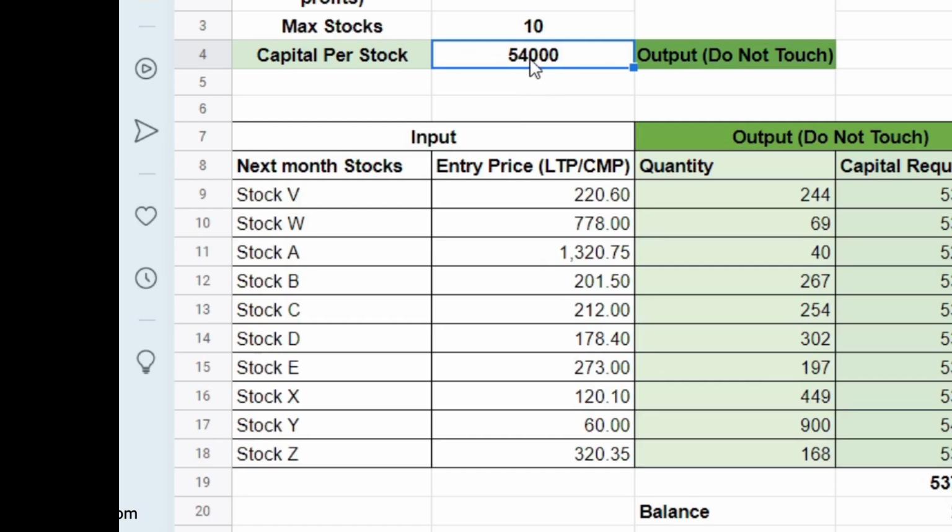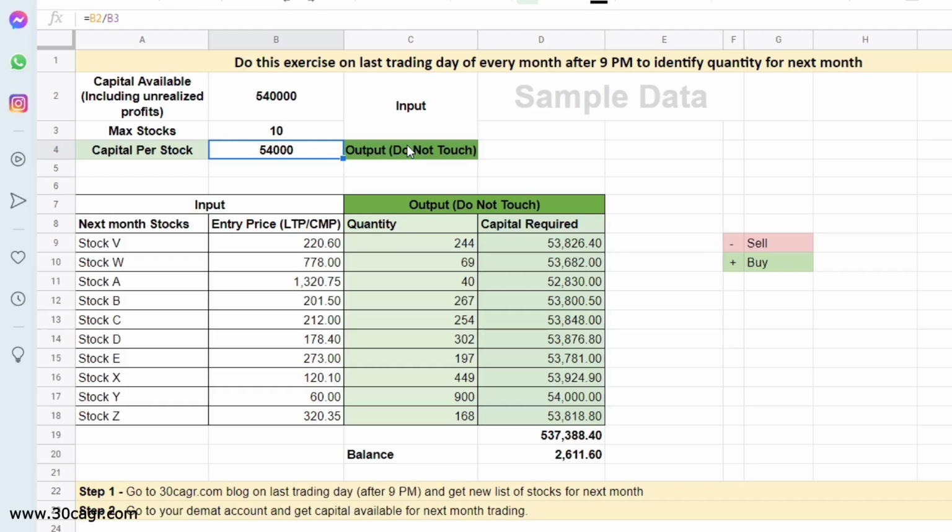So this is the amount that we are going to invest in each stock tomorrow, assuming today is 31st of October. I have clearly put this as output, do not touch. So please don't touch the cells where you see this output. Even in this table, you can see output, do not touch. Since these are formula driven cells, I request you not to touch these cells.